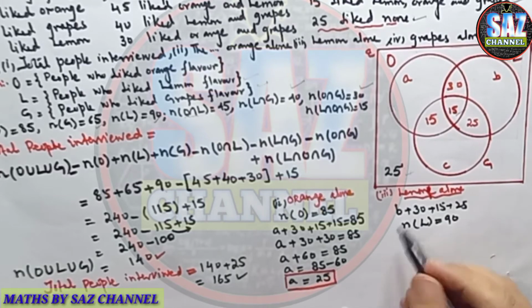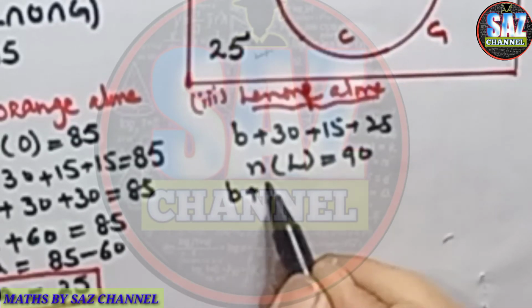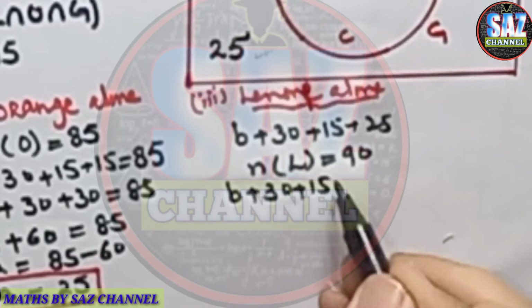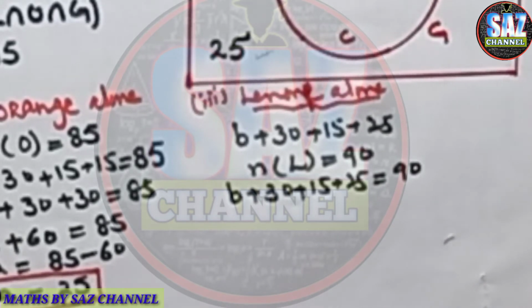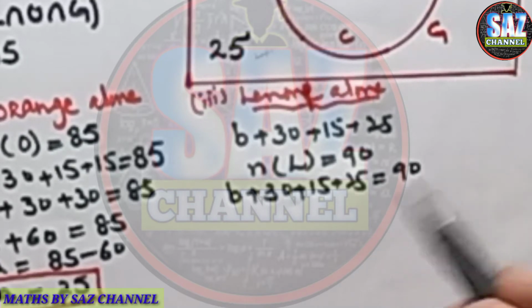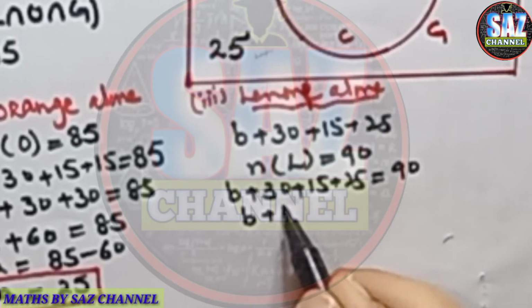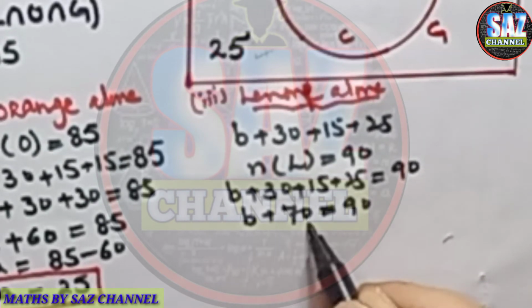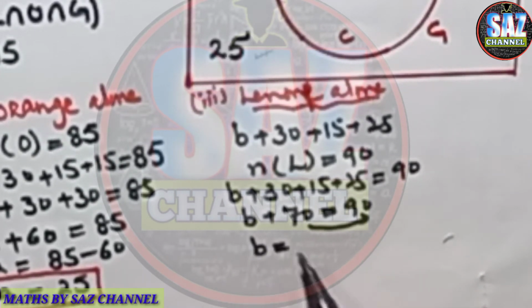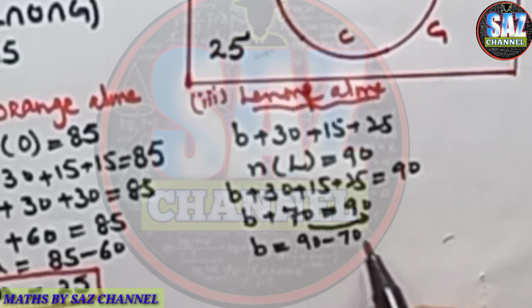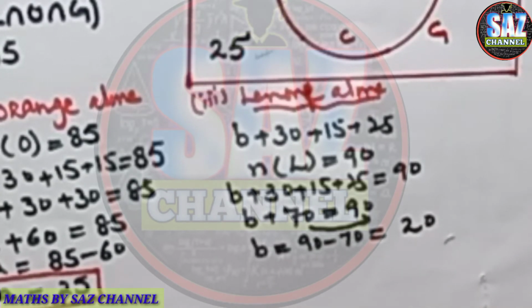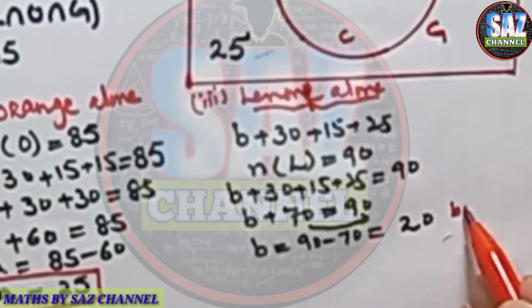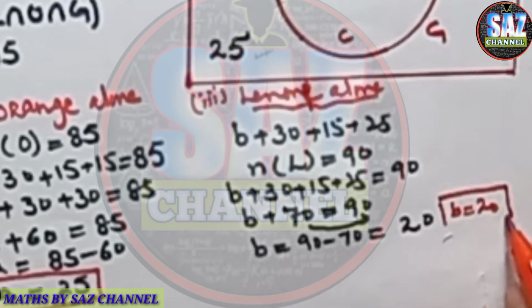So B plus 30 plus 15 plus 25 will be equal to 90. Then B plus 70 equals 90, and shift this to the other side. B equals 90 minus 70, which is equal to 20. So the number of people who like lemon alone will be B equals 20. I hope you are clear about this part.